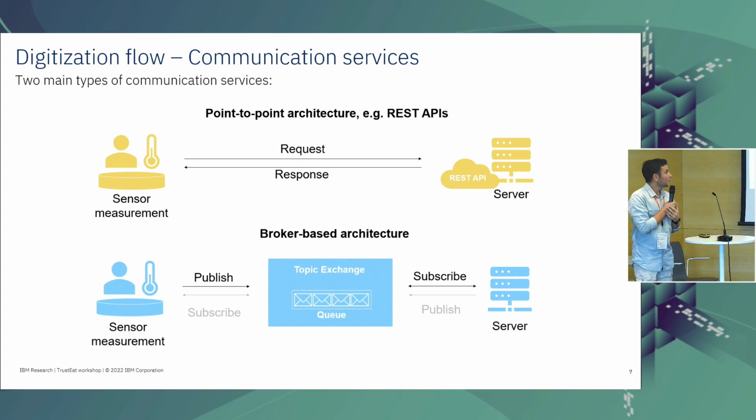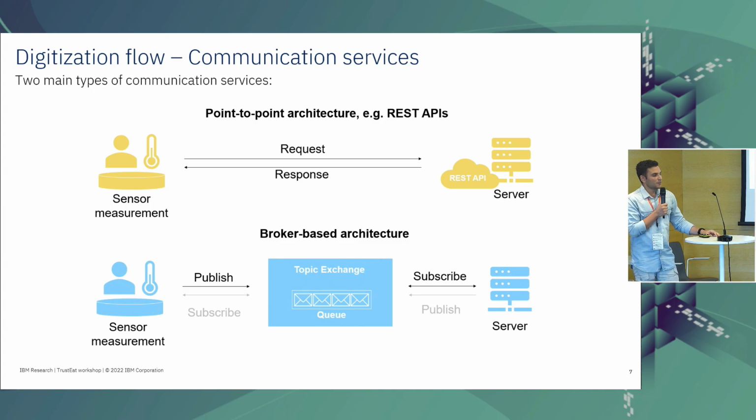And usually, the way this is done is quite flexible, because you can request many types of information from the server. You can retrieve the response in different formats. In the case of the broker-based architecture, instead, the advantage is that we do not have a synchronous response, so it's asynchronous.